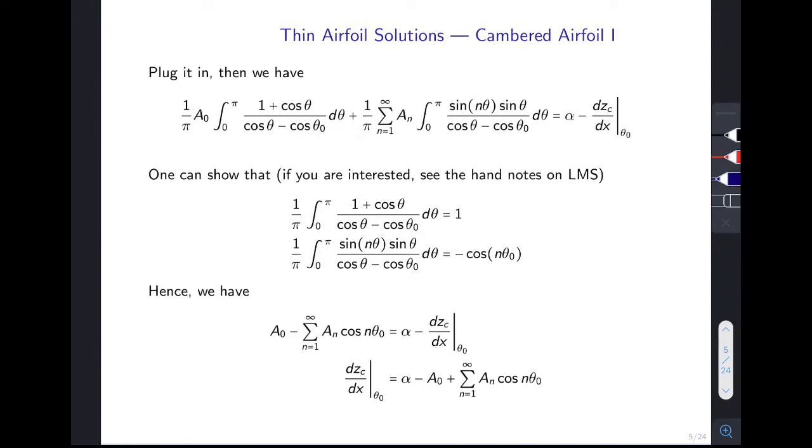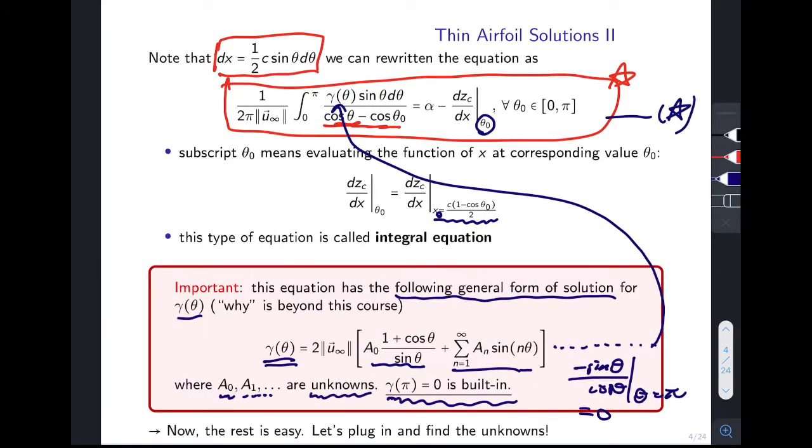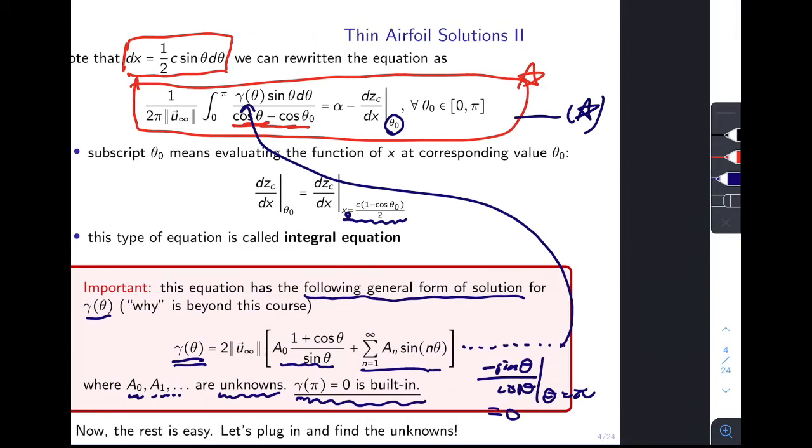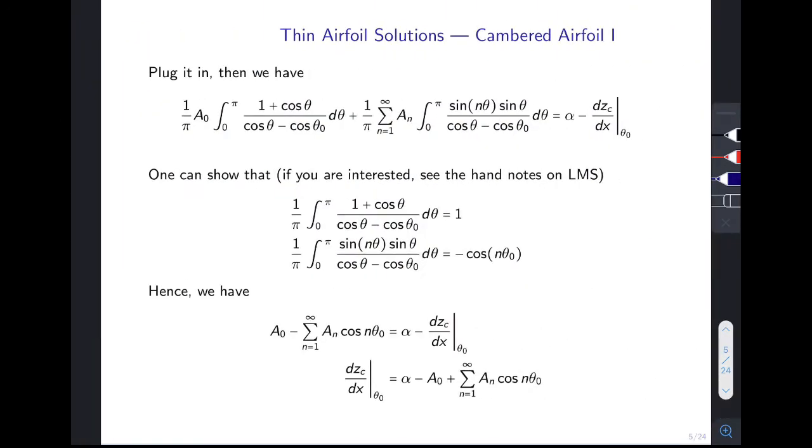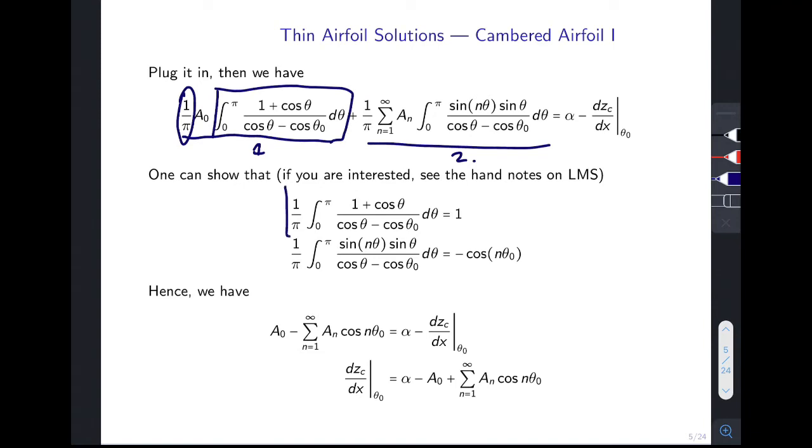Now if we plug this in, we have two parts. The first part corresponds to a naught. The second part corresponds to a n, with n larger or equal to 1. Similarly, on the left-hand side we will have two terms. There is something nice we can show: 1 over pi times this chunky integration is actually 1. When you integrate over theta, no matter what theta naught is, it is always 1.